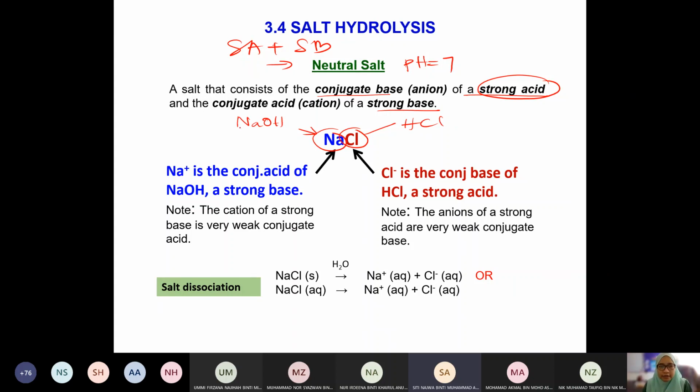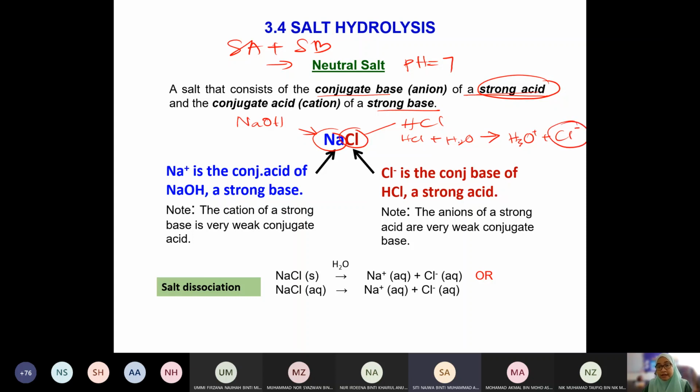The reason it is called a conjugate base ion from a strong acid is because HCl, when it dissolves in water and fully dissociates, will produce H3O plus and Cl minus, right?